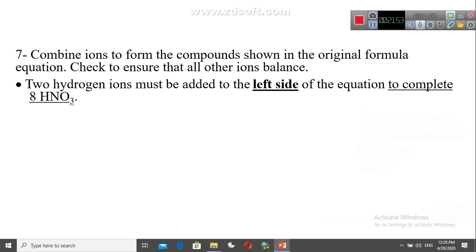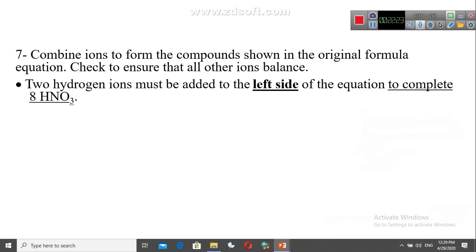But in the original equation, there is no 6 nitric acid. We have 8 nitric acid. Therefore, 2 hydrogen ions must be added to complete this formula. And if hydrogen ions are added to the left side of the equation, 2 hydrogen ions must also be added to the right side of the equation in order to become balanced.